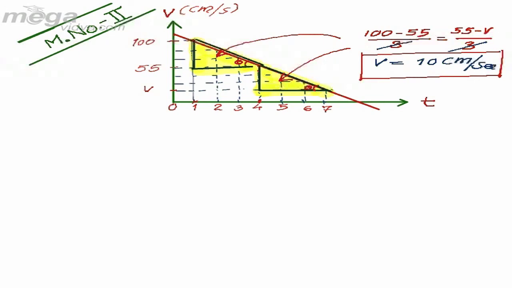But on the other hand, if we use graphical analysis method for the same problem, then it just becomes a matter of seconds only. You just have to draw the graph, study the similar triangles, write just one equation, and we got the answer. As I told you earlier, we will solve this question using the graphical method. So the answer is 10 centimeter per second.